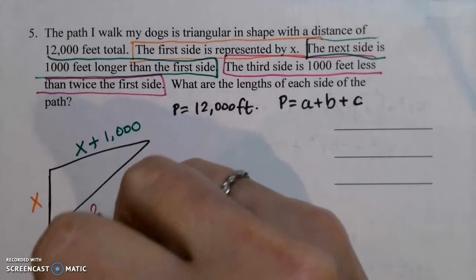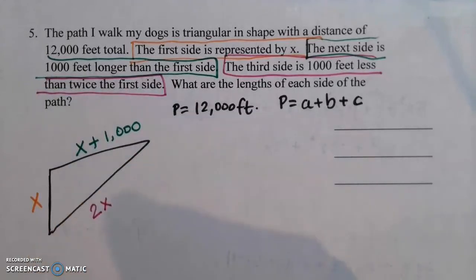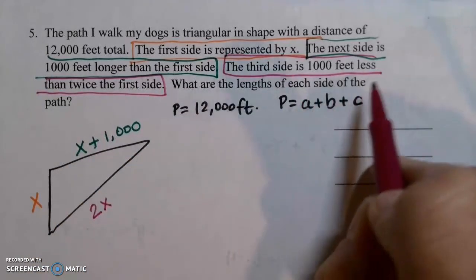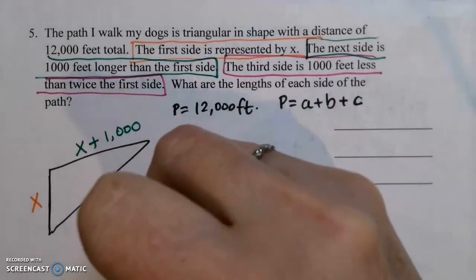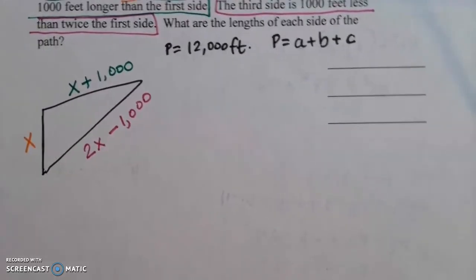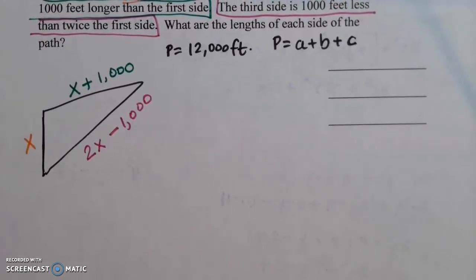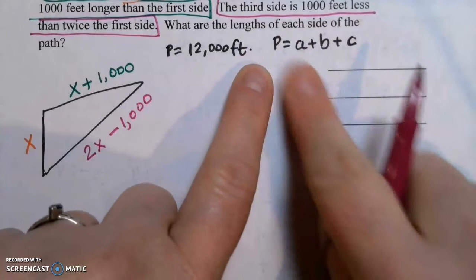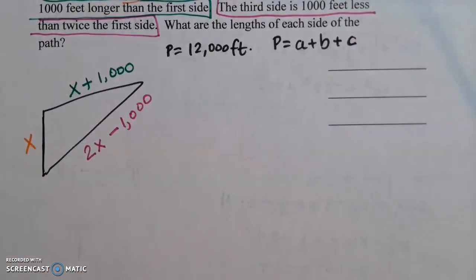So we'll have 2 times the first side, which is X, and it's 1,000 feet less than that, so we are going to subtract 1,000 from that 2x, and that will give us our third side of our triangle. And then once we've got those 3 things translated, we put all this information together into the perimeter formula. The perimeter of a triangle formula, not the area formula.